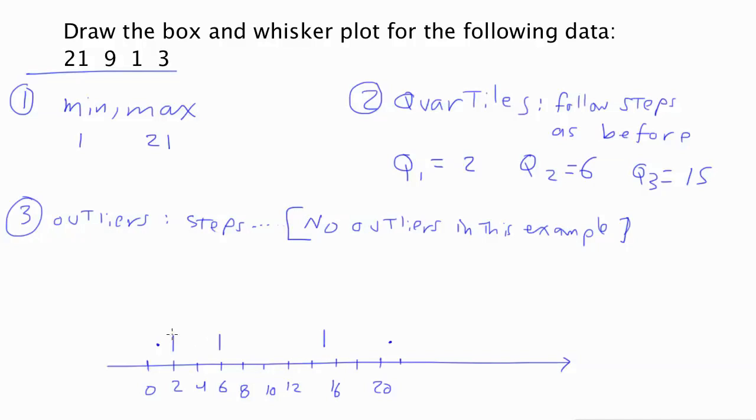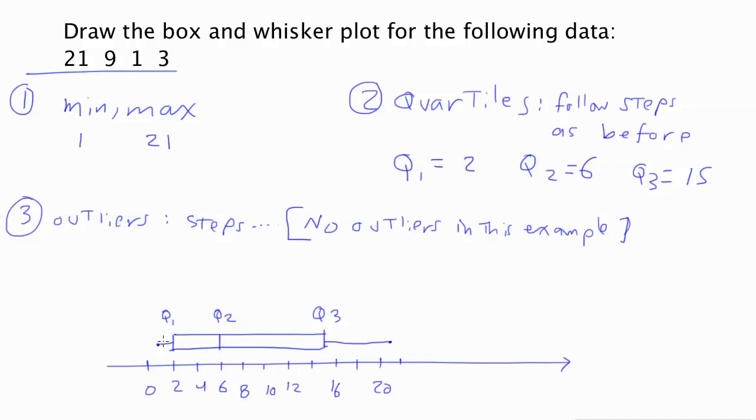So I have Q1 here, Q2, and Q3. In this case, we connect them all together with a box. Now I have a box for these quartiles. And now I'm going to draw the whiskers to the minimum and another whisker to the maximum.